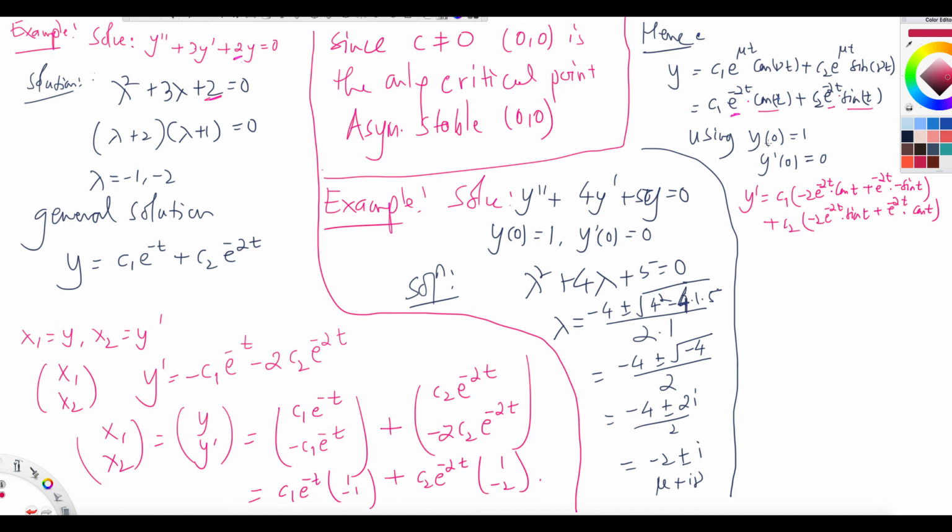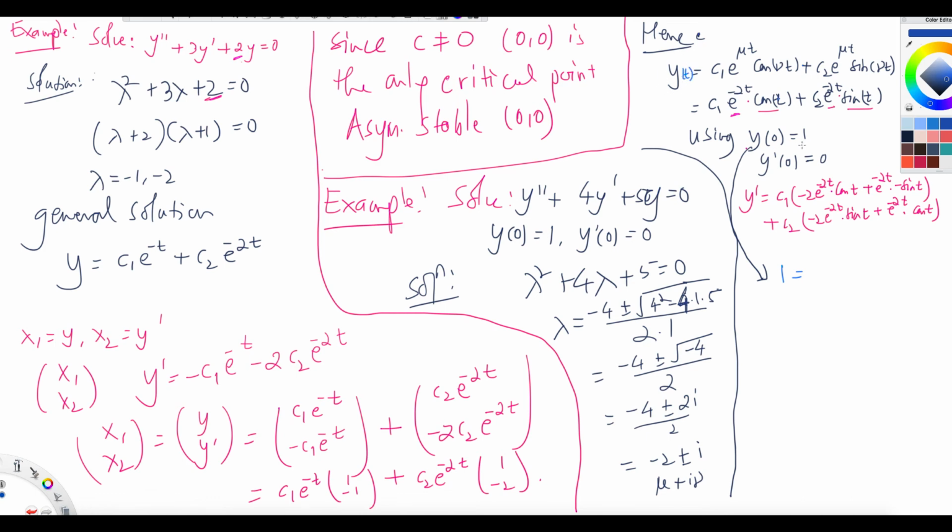Now I want to write y at 0 equals 1. If you plug in t equals 0, the sine will become 0 and the cosine will become 1. Let me use that one first. Since this is y of t, when t equals 0, y becomes 1.